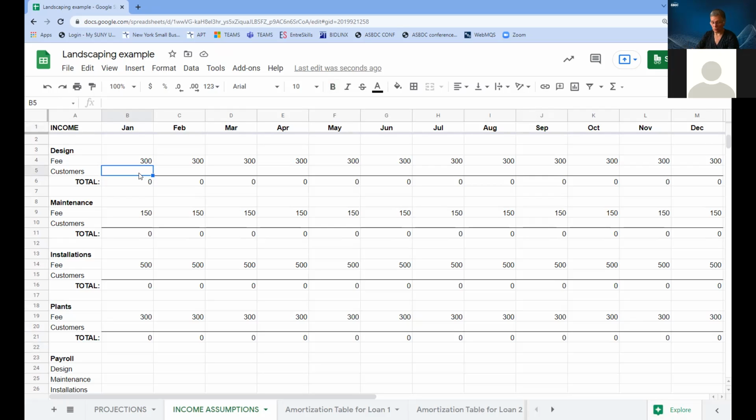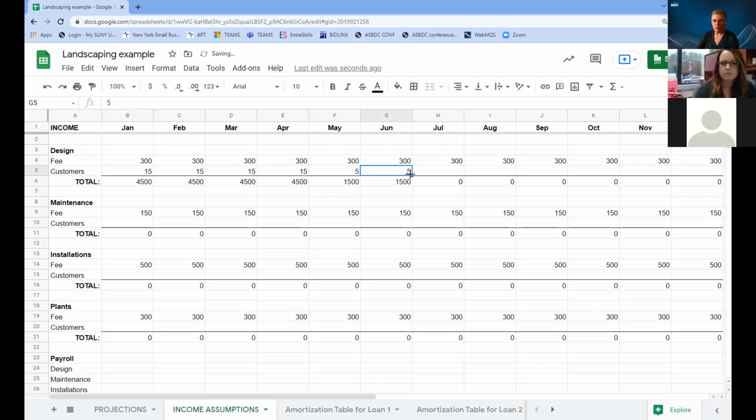So I'm going to assume that they're doing about 15 of these in January, and about the same in February and March, and maybe April, and then maybe less in May and June and thereafter. It's very unlikely that there will be a lot of design done in the winter.